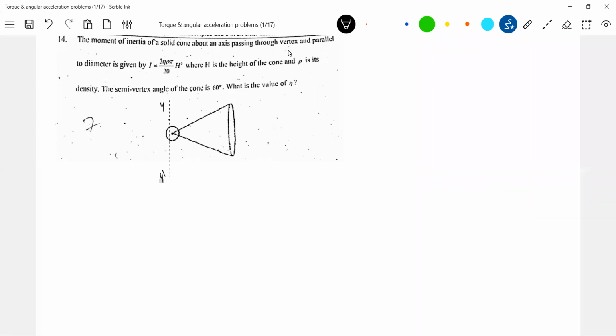This has to be determined. What are the other things given? Height h. Radius is not given. If you want, you can assume it, no problem. So these are the things available.